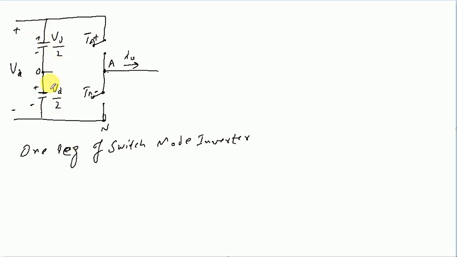In this arrangement we can see that we have a midpoint of the DC input voltage. It may not be required in all cases, but it is used in some cases, and that's why it has been shown as part of this one leg of the switch mode inverter.